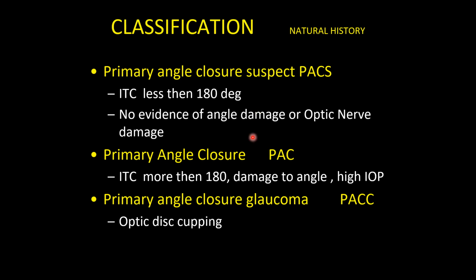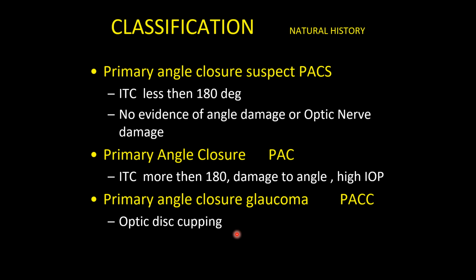And in primary angle closure, more than 180 degrees of trabeculum is closed because of the closed angle. There is damage and there is high intraocular pressure. In the first one, the intraocular pressure was not high, and in this PAC, the intraocular pressure is high. And in primary angle closure glaucoma, there is one additional thing, that is there is also cupping of the optic nerve.